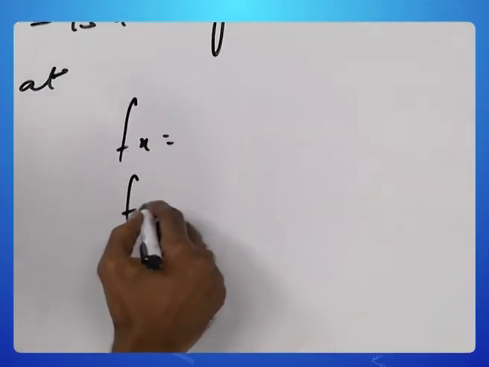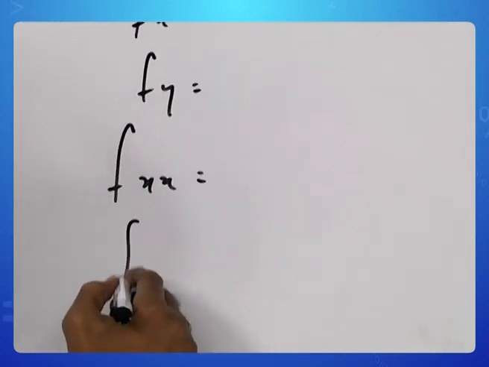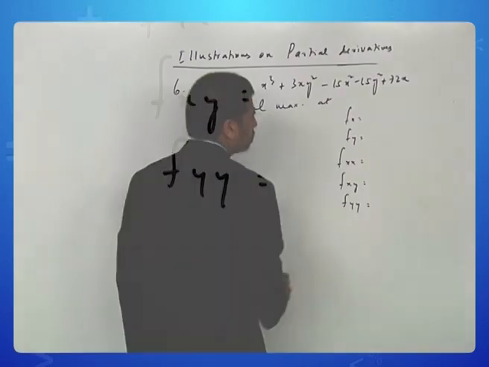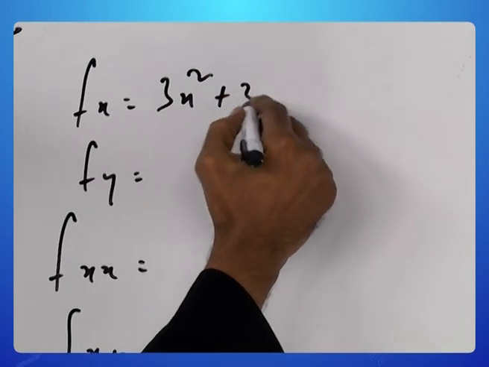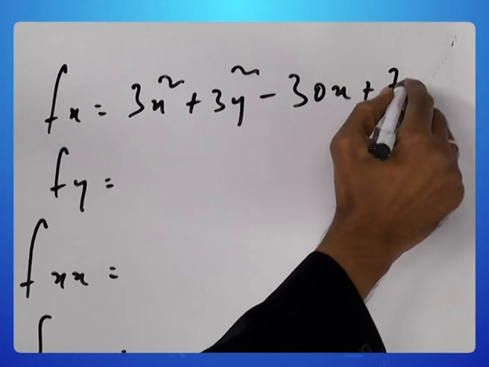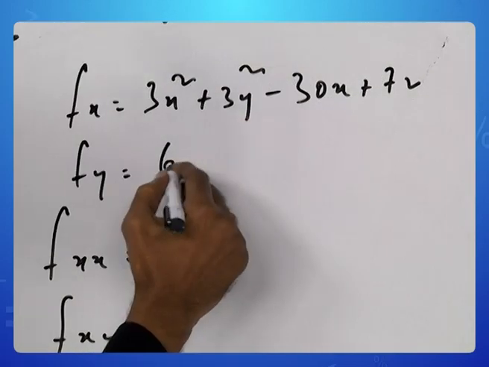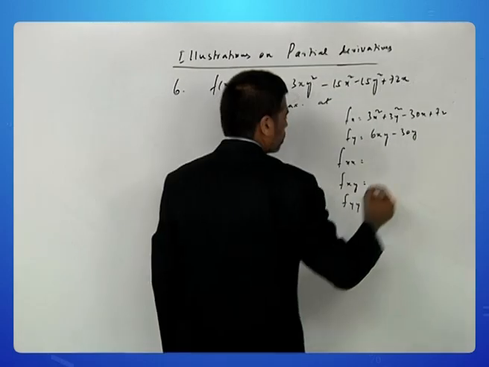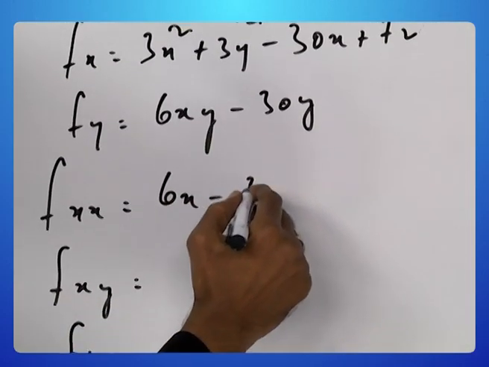Get fx, fy, fxx, fxy, fyy. So we'll get 3x squared plus 3y squared minus 30x plus 72. Fy will give us 6xy minus 30y. Fxx will give us 6x minus 30.